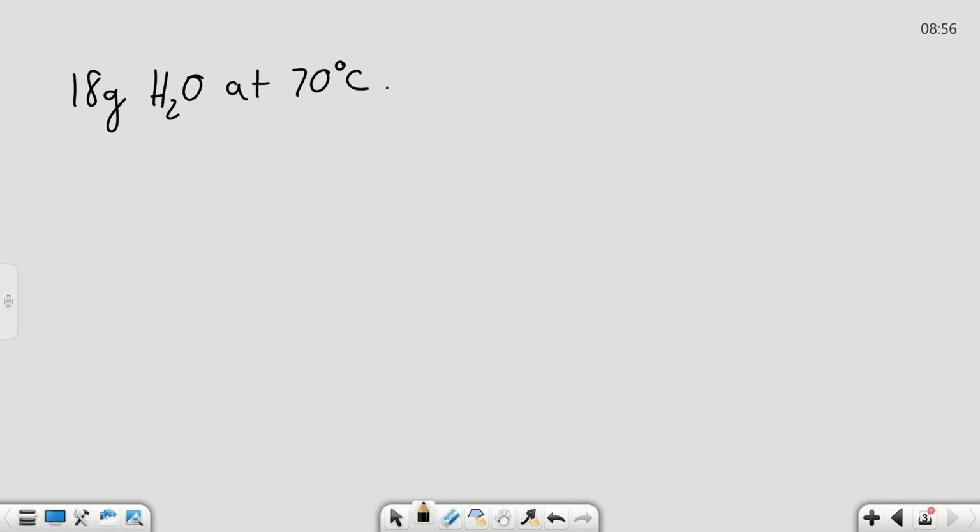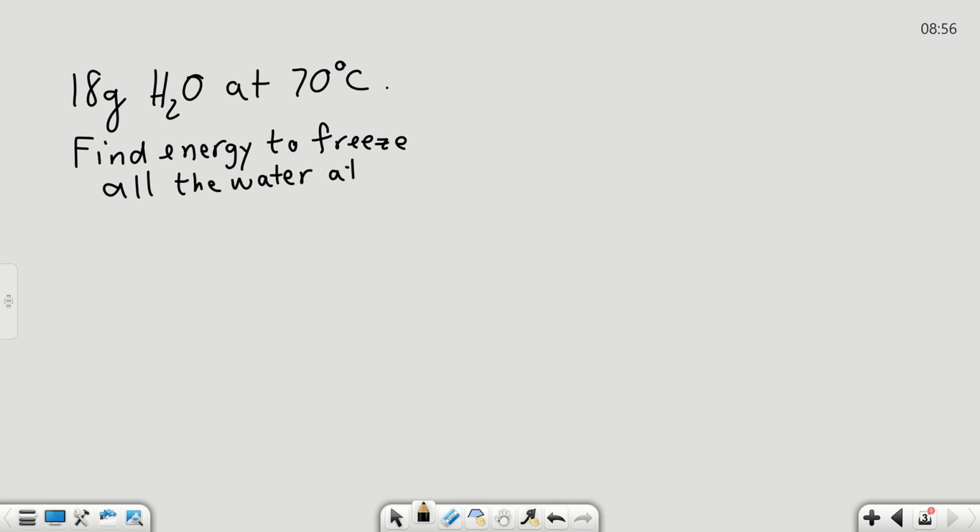I want to freeze it. I want to basically find the energy to freeze all the water. And I'll be nice, at 0 degrees Celsius, but that should be obvious.